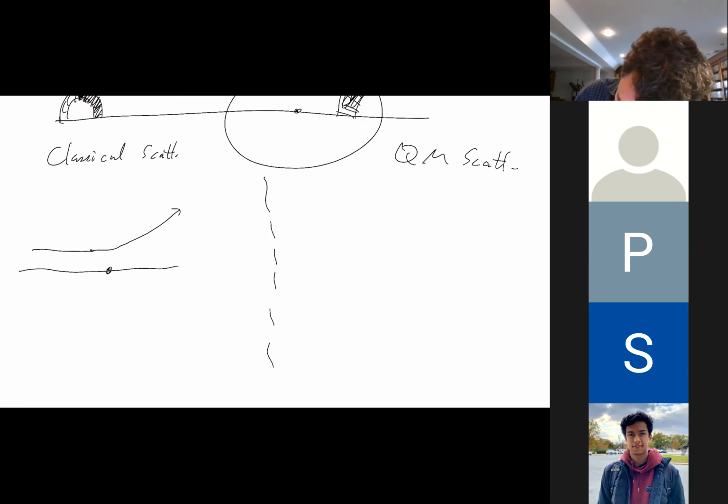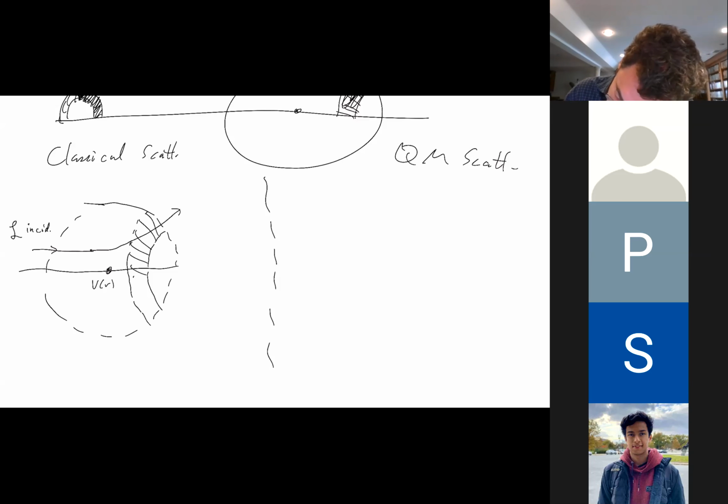I have a V of R. I have a luminosity that's incident, the incident luminosity of the particles coming in from the left, and they scatter off into some solid angle. The solid angle is the eyeball construction, my solid angle, which corresponds, of course, to this annulus d sigma.